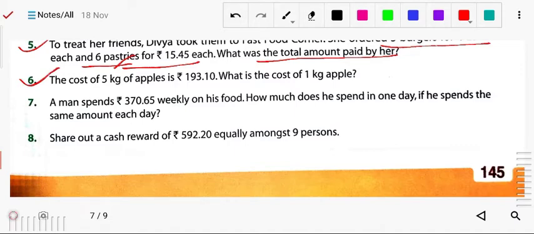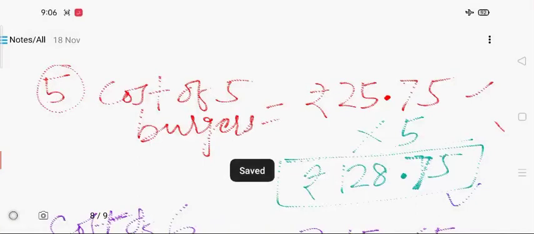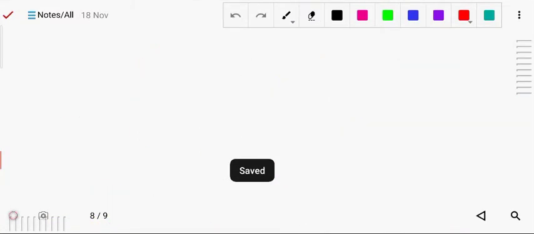Okay, now we will solve question number 6. The cost of 5 kg apples is rupees 193.10. What is the cost of 1 kg apple? Let's do question number 6. You can do it like this.